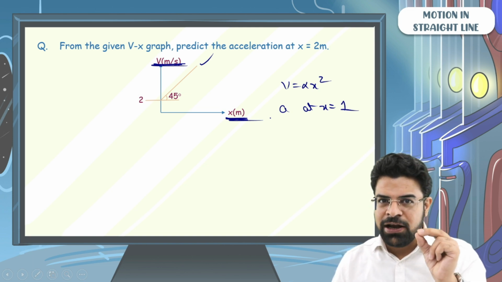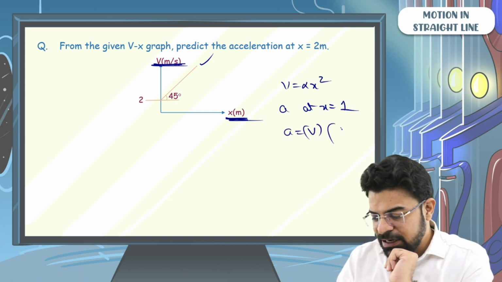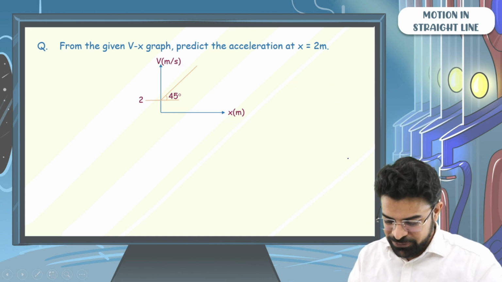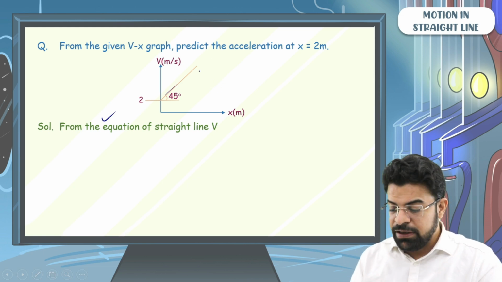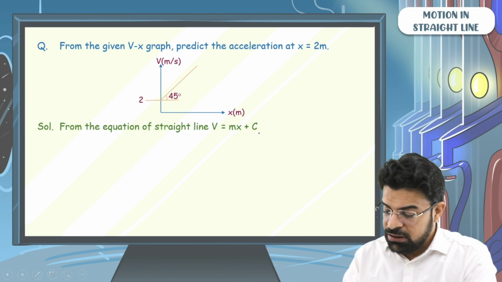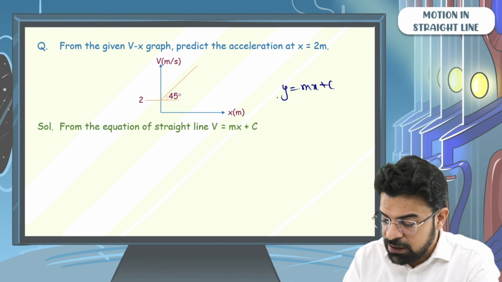So if I know the relationship between v and x, then I can find out dv by dx. And once I know v and once I know dv by dx, I can find out acceleration. So let's use it. From the equation of a straight line, we can say that the velocity equals mx plus c. Sir, in place of y, in the equation of straight line y equals mx plus c, we have written v.